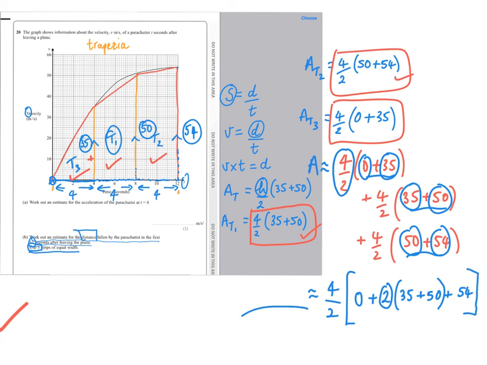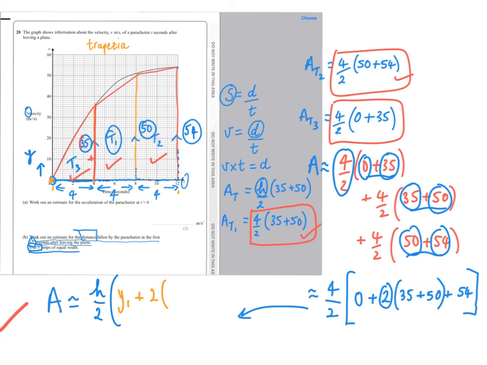Now, for some of you, you may have spotted a really nice formula, and that is the area, as a rough estimate, would be the common height divided by 2, lots of, well, we can call this the y-axis, so we can call this value here y1 plus 2 lots of this value here.